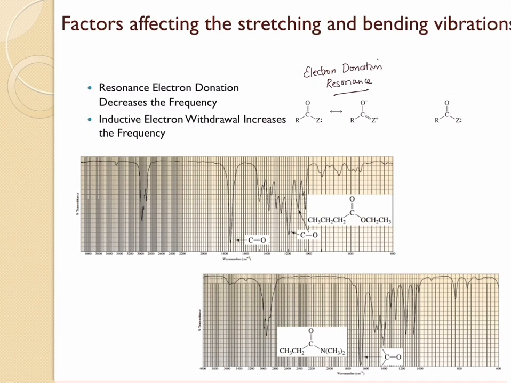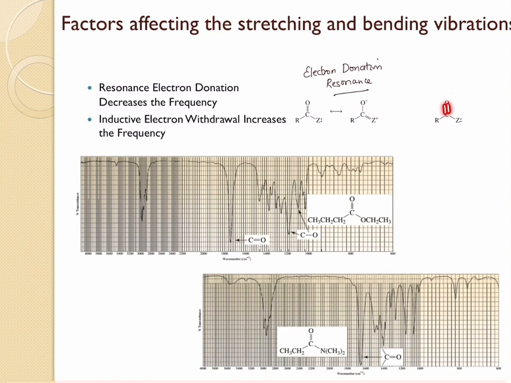Let's say this is your carbonyl compound, and Z is an electronegative atom. What is inductive electron withdrawal? Inductive electron withdrawal is the movement of the electrons along the sigma bond. So let's say that you have some lone pairs of electrons on this oxygen. These electrons are going to come in, and it's going to strengthen the carbon-oxygen double bond, and some of the electrons are going to go onto this electronegative atom.